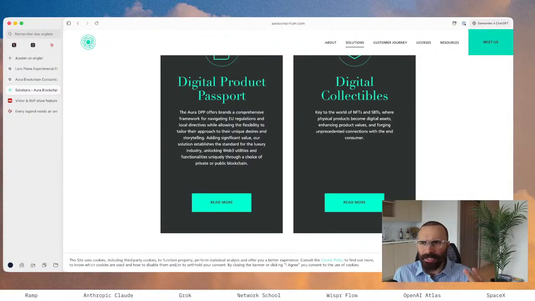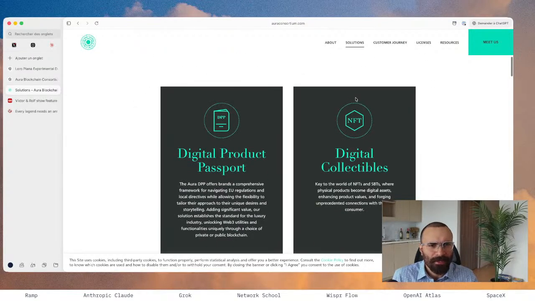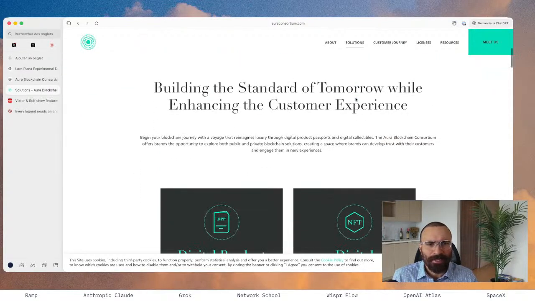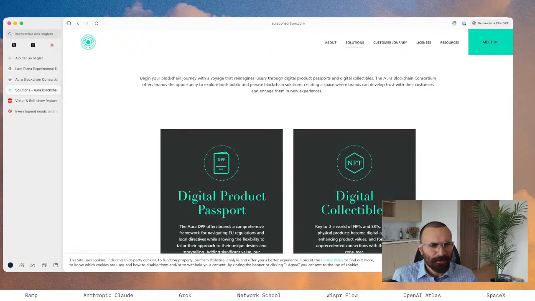I thought taste is very, what do we say, transferable, but it doesn't seem like taste is very transferable over here. With the font and the color that they picked, this looks like a very standard Wix template.